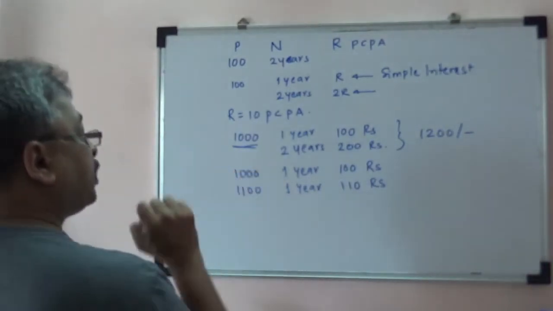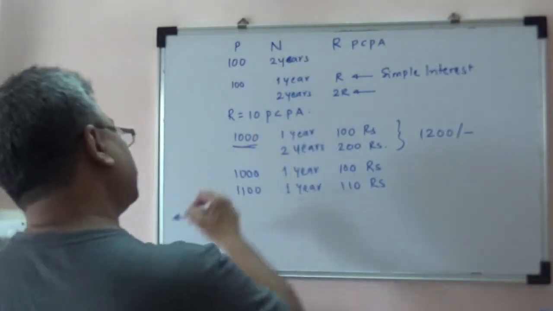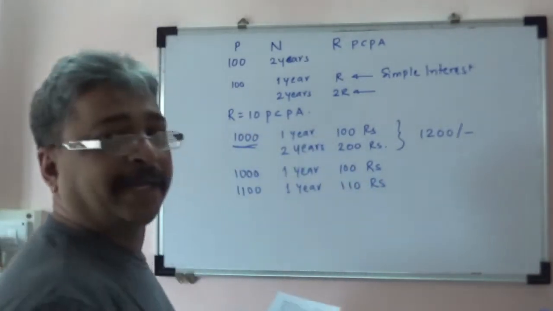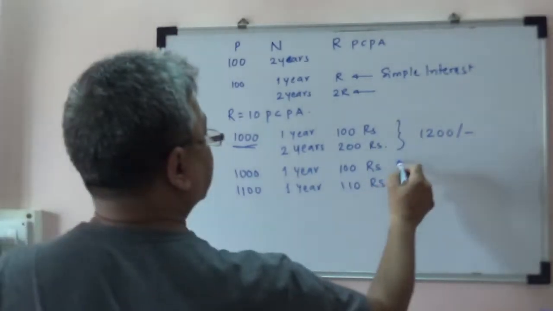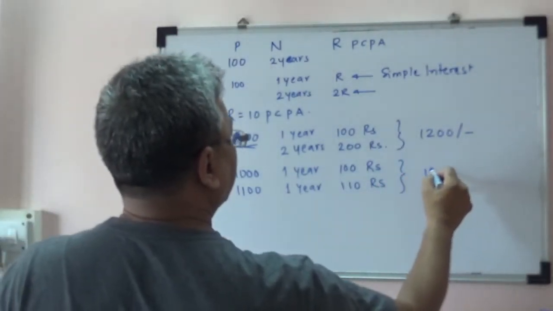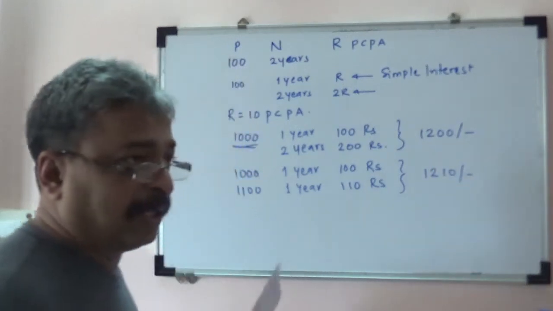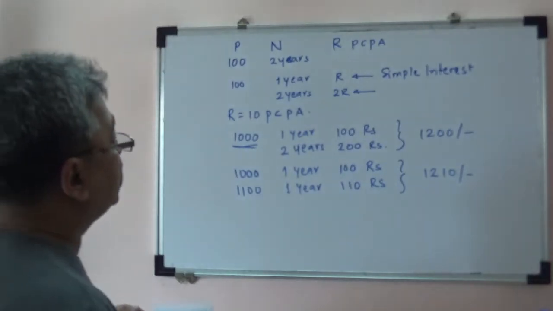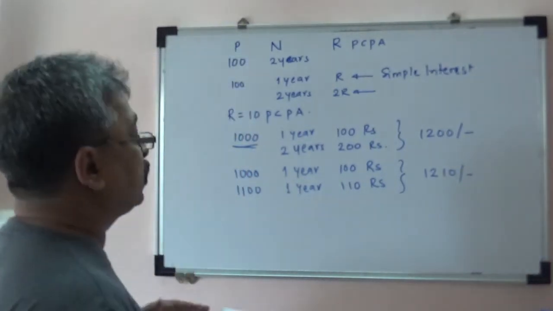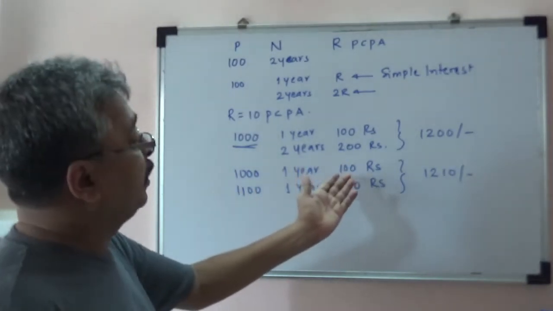Here, if I keep 1000 rupees for 2 years, but after 1 year I put the interest back into the principal, my principal increases by 100 rupees, and hence I get a total of 1210 rupees. That is the advantage. We get 10 rupees more by keeping the same money for the same number of years if compounded annually.